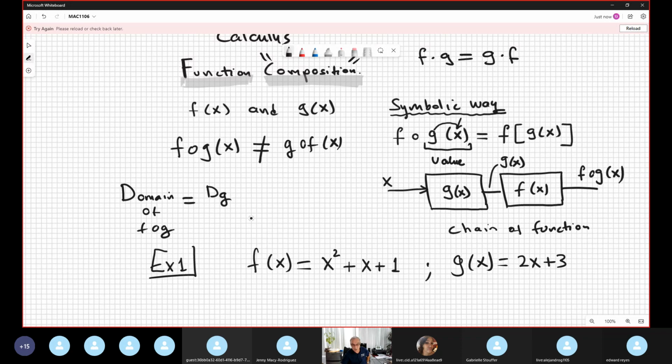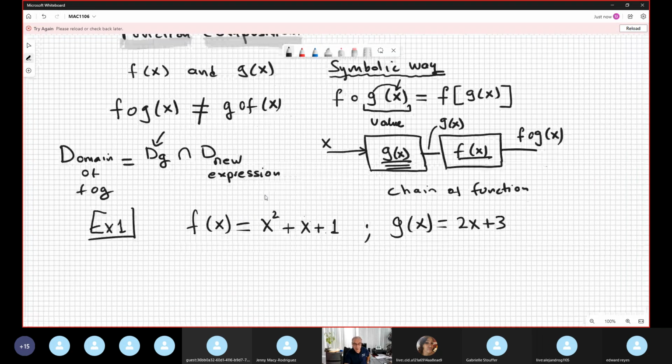Because if you do not satisfy G, there's no intersection with the domain of the new expression, the new expression that you obtain when you form algebraically the composition. That includes the second piece, but this is the most important, and that is the reason I put it here. And the other, together with the composition, you obtain the second domain, and intersecting both is the domain of the composition.